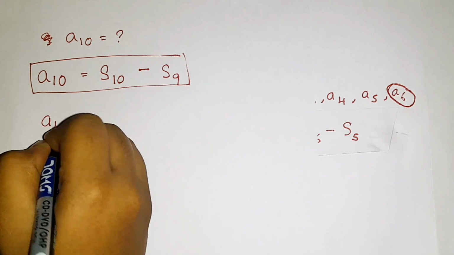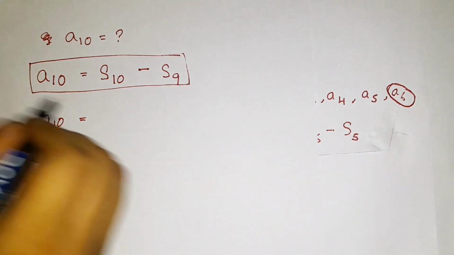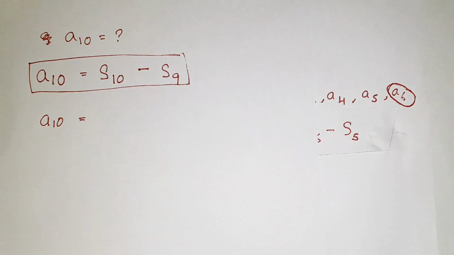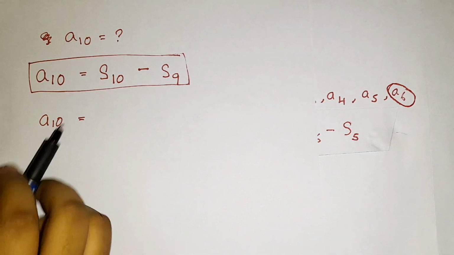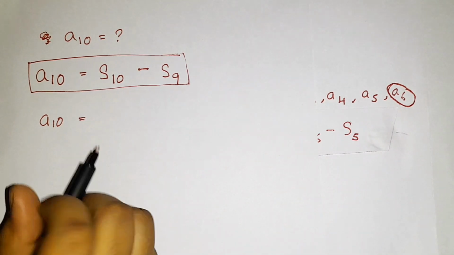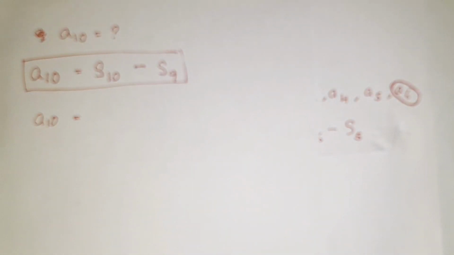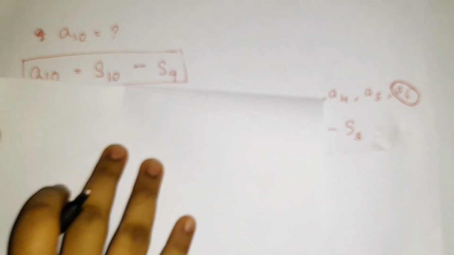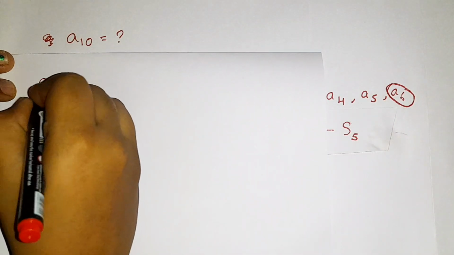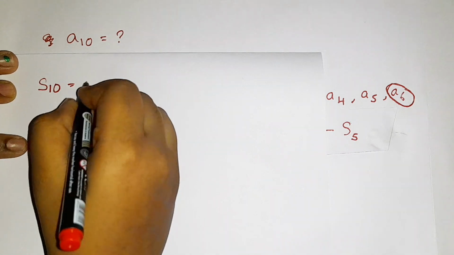So A10 is equal to, here do we know the S10 value and the S9 value? No, right, we don't know the S10 value and the S9 value. So now we are supposed to find S10 value and the S9 value. Let us find that separately. I know this sum is a little bit lengthy, but please guys understand, this is really an important sum. So now we are going to find the S10 value. How to find it?